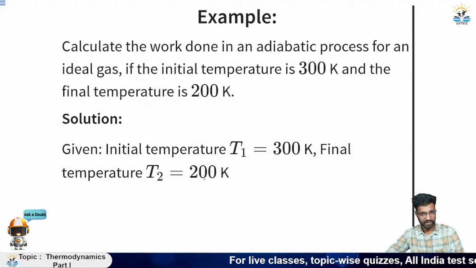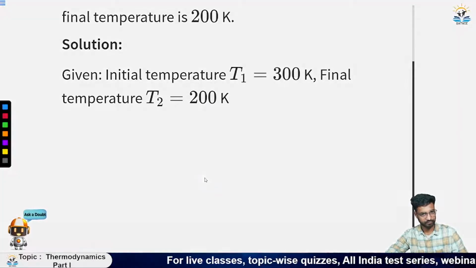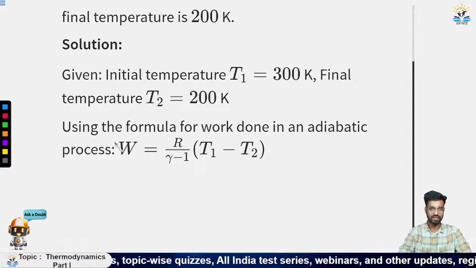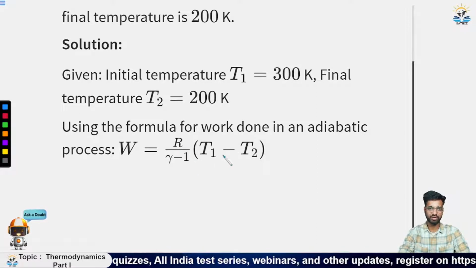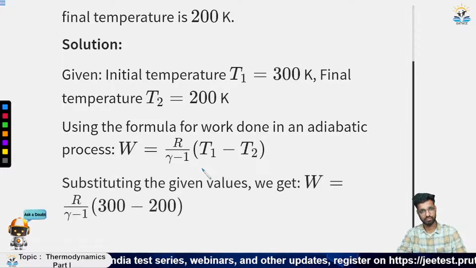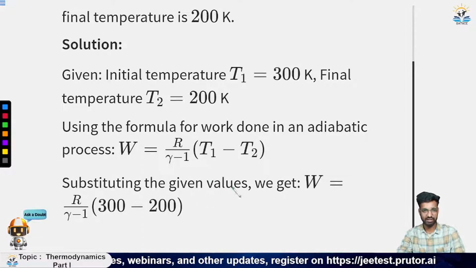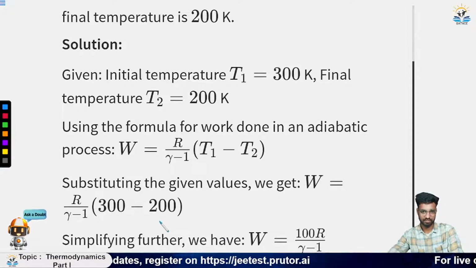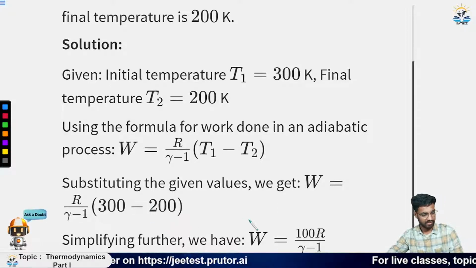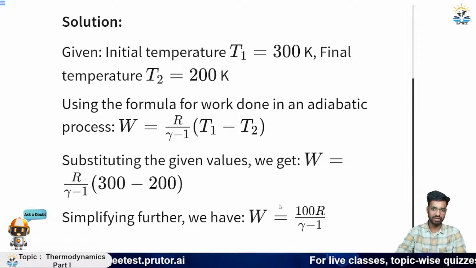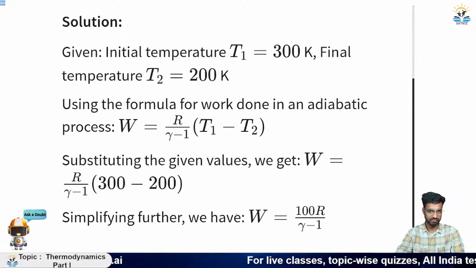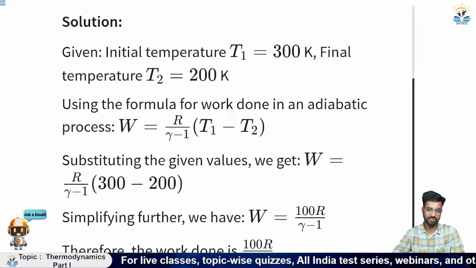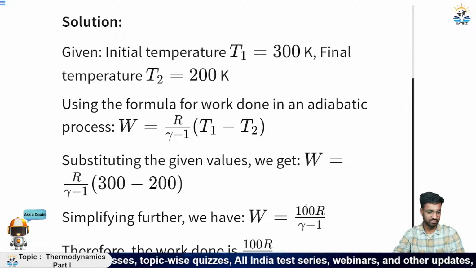Now, next step, we know the formula that W is R by gamma minus 1 times (T1 minus T2). So substituting this, we get W is equal to R by gamma minus 1 times (300 minus 200). Further, we get 100R by gamma minus 1. Therefore, work done will be 100R by gamma minus 1.